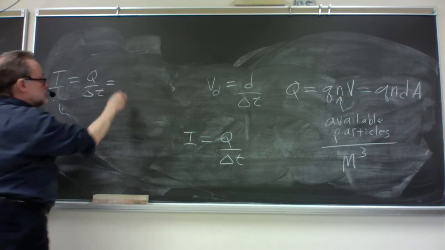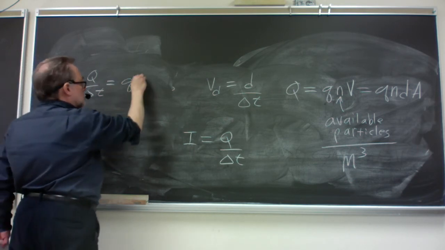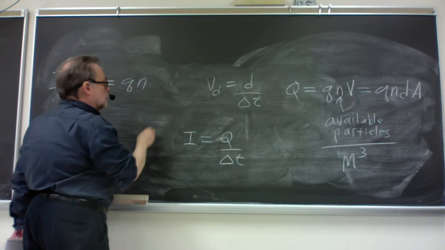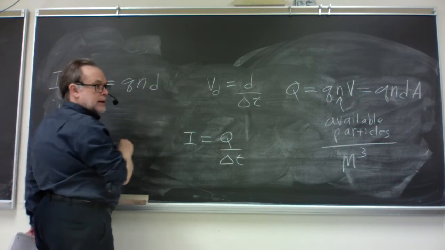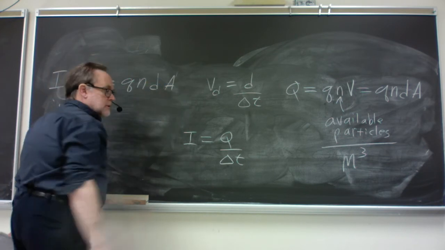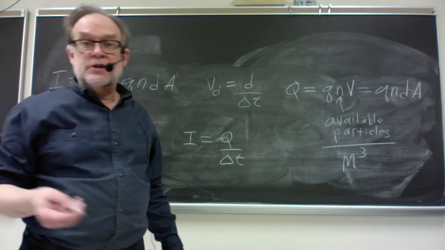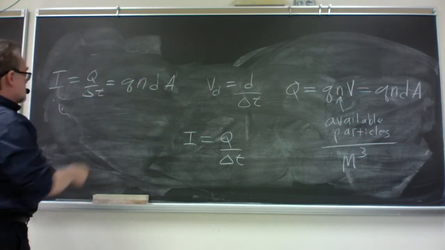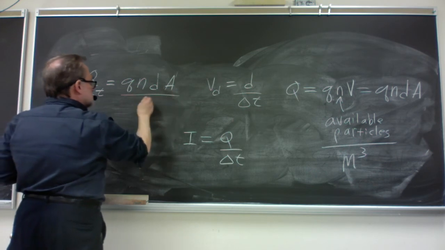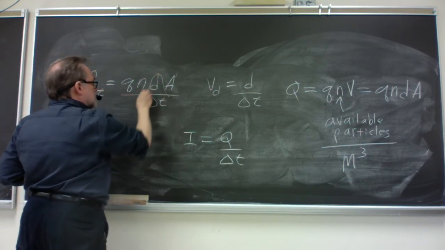That total charge was just charge per particle, density of available particles, length of the wire times the cross-sectional area, and then divide by delta t. But look at that.